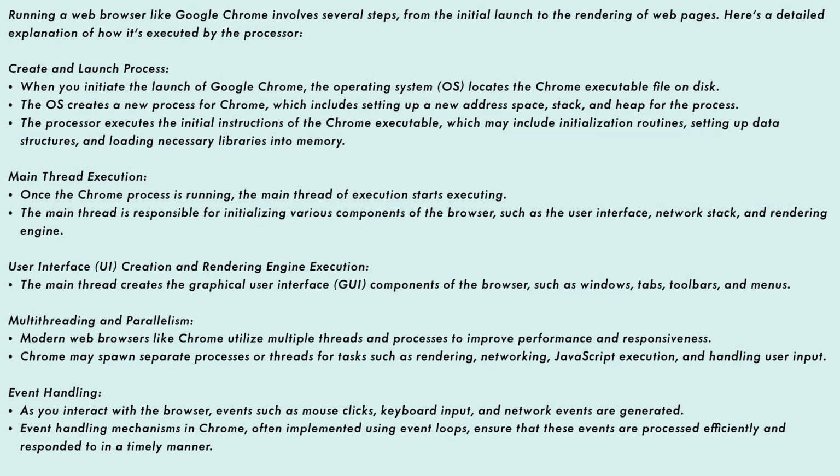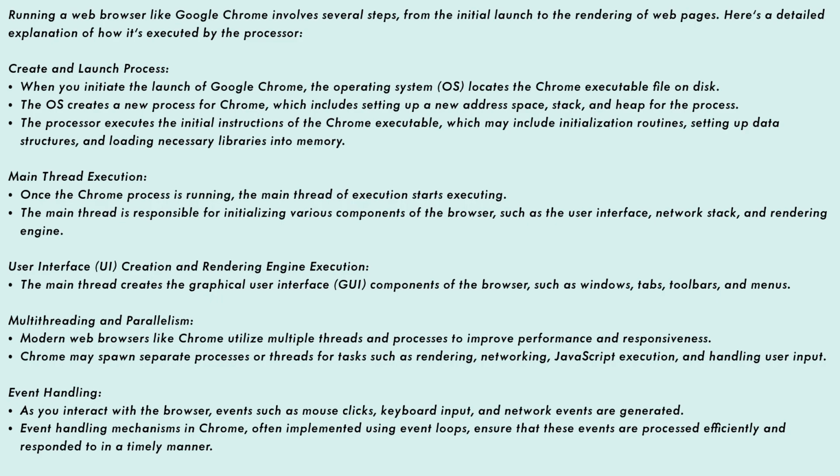Let's take a quick example of a web browser like Google Chrome, which involves several steps from the initial launch to the rendering of web pages. Here is a detailed explanation of how it is executed by the processor. When you initiate the launch of Google Chrome, the operating system will locate Chrome's executable file on the disk. This executable file is created by the compiler.